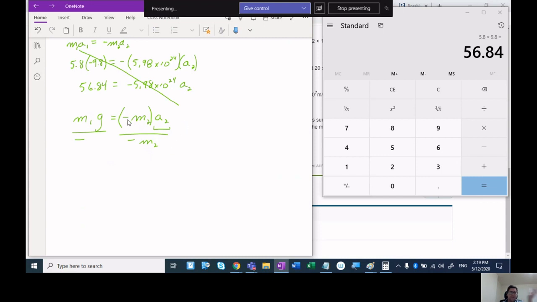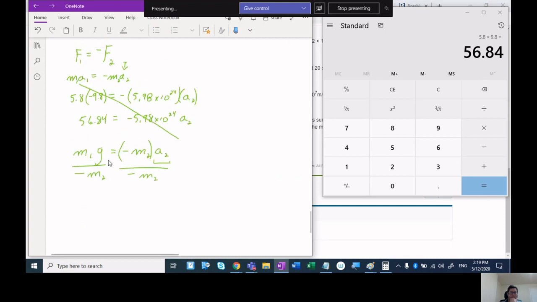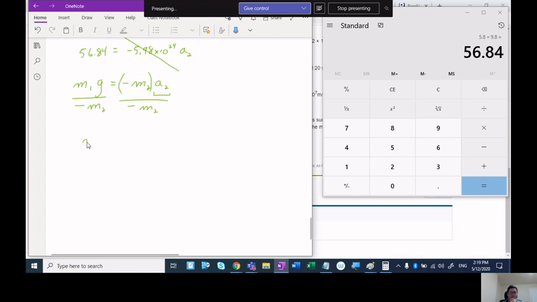We could have multiplied instead by minus. It's the same result. But dividing by M2 is necessary. So you end up with this. Let me write A2 first, which is that.